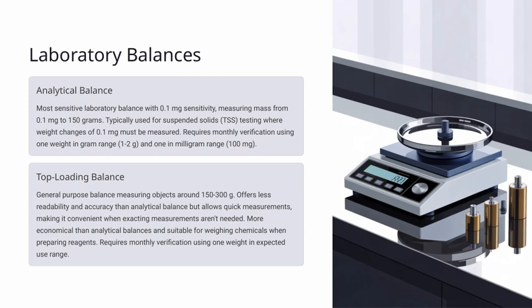It's also more economical and easier to use for routine tasks. Just like with the analytical balance, it's recommended to verify its accuracy monthly, using weights within its typical use range. Both balances are essential tools in the lab, each suited to different types of measurements. But the key is understanding their capabilities and maintenance to ensure reliable results.